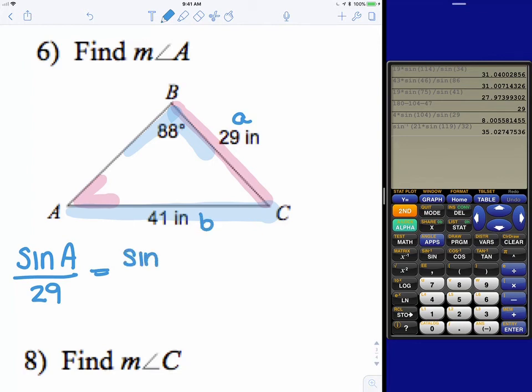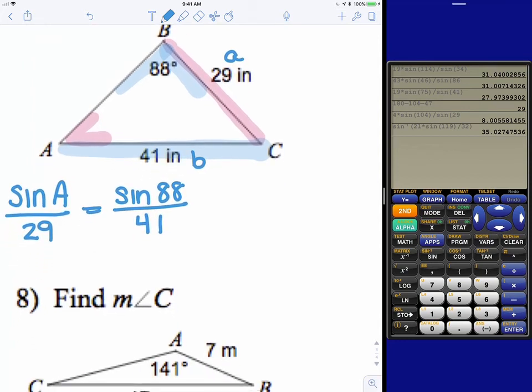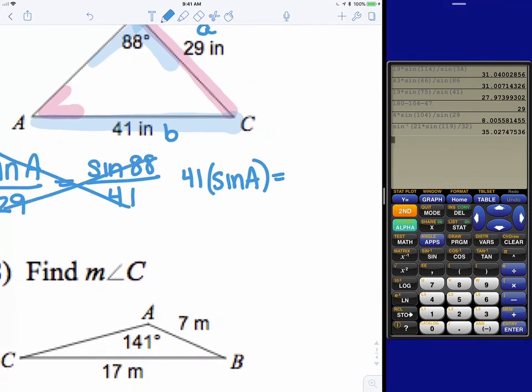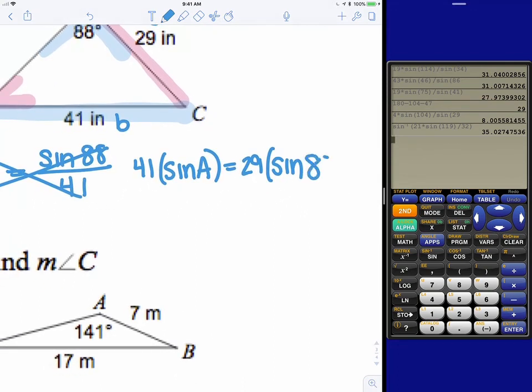So the sine of 88 over 41. Okay, I'll cross multiply to solve. When I cross multiply, I get 41 times the sine of angle A, which equals, cross multiply this way, you get 29 times the sine of 88. All right, I want to get the sine all by itself, so I'll divide by 41.